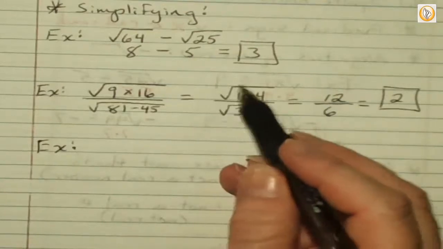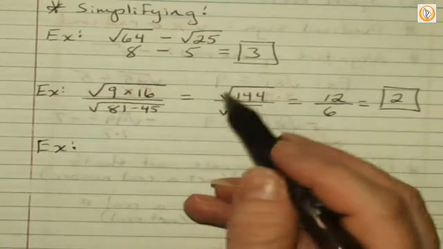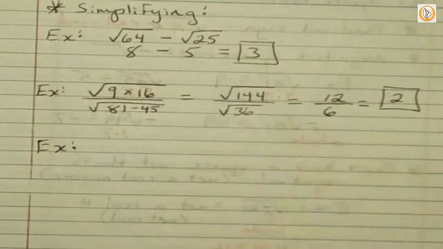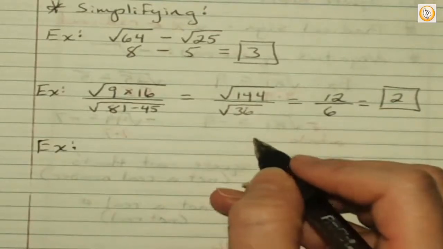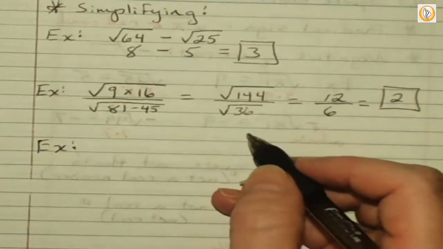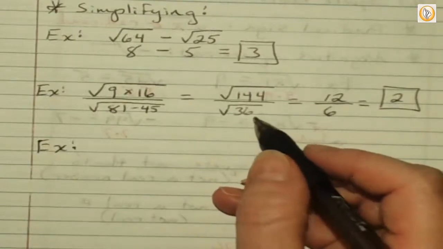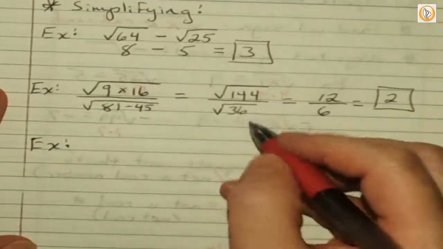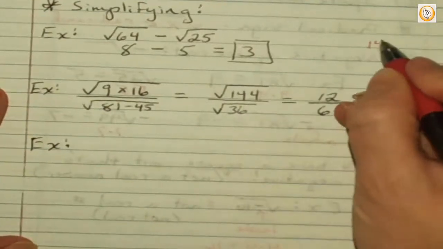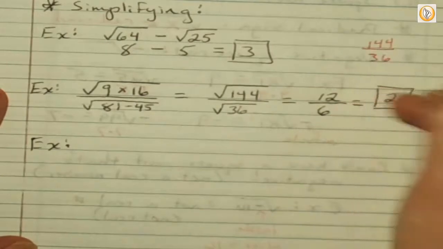If you just left it without the radical sign, so 144 over 36, and then reduced it, that's basically what we do? No, because if I just remove the radical sign, it'd be 144 divided by 36, right?